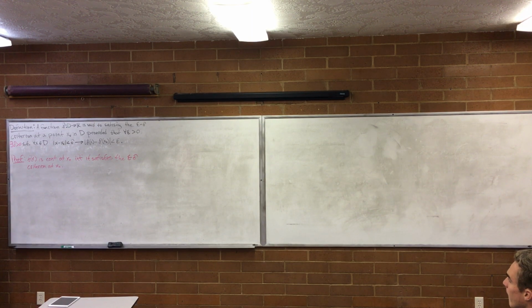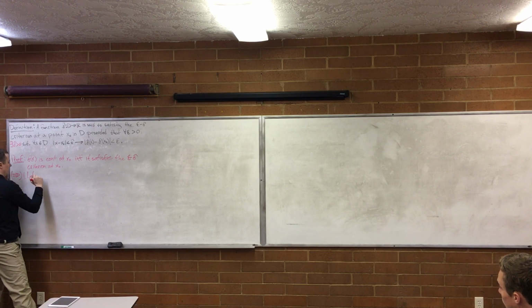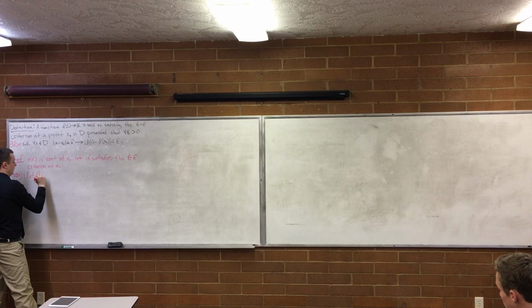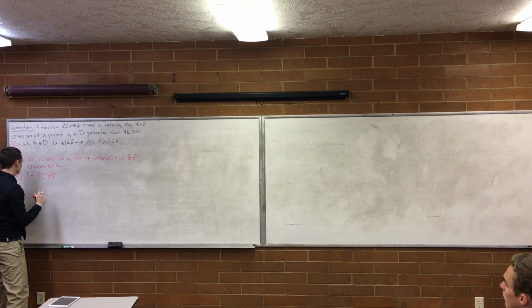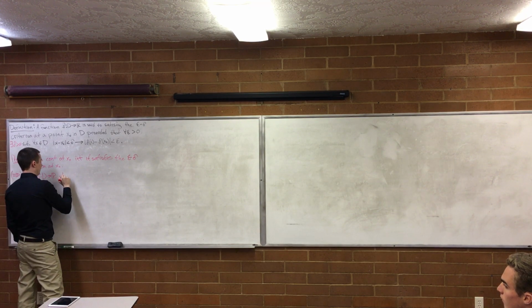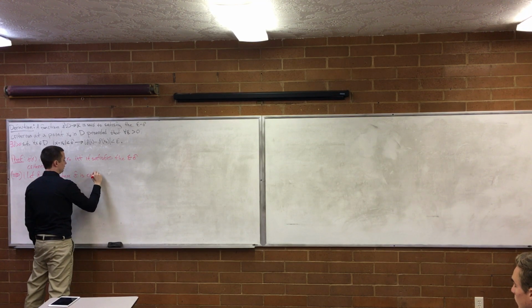Okay? Which way should we go first? The first one. Let's prove that if f of x is continuous, then it satisfies the epsilon delta criterion. So, 1. Let f from D to R, where f is continuous.